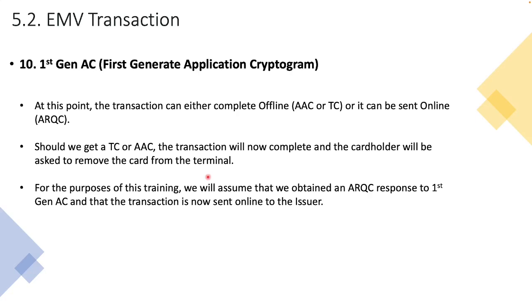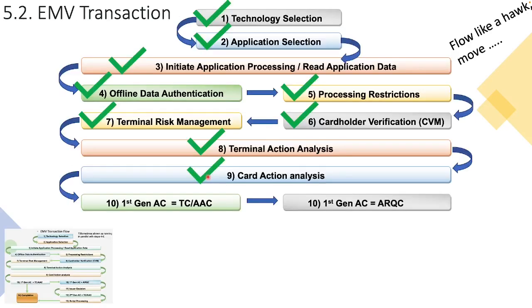And I'm going to then tell the terminal, Mr. Terminal, please construct the ISO 8583 message and let's send this transaction online. We need further input from the card's issuer host system before we can make a final decision later on in second gen AC. Okay, so that brings us to the end of the first gen AC phase of the transaction.